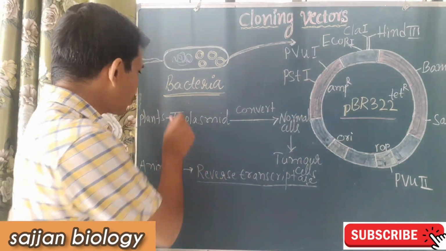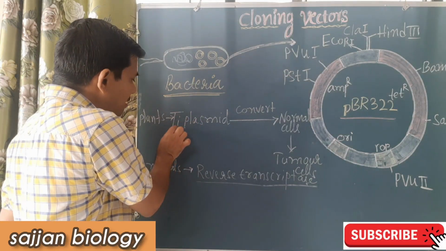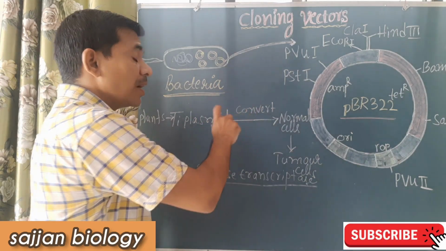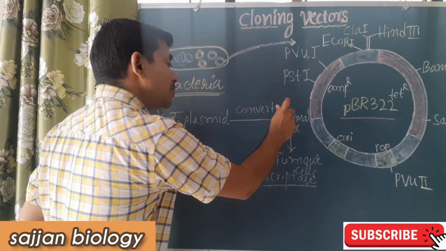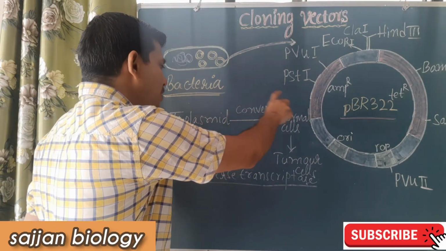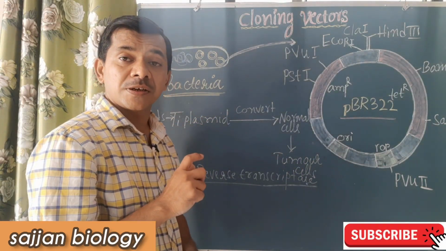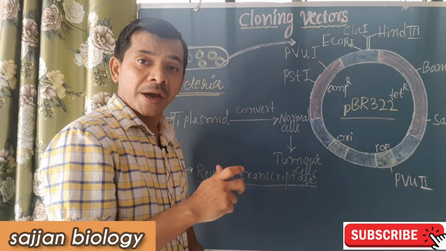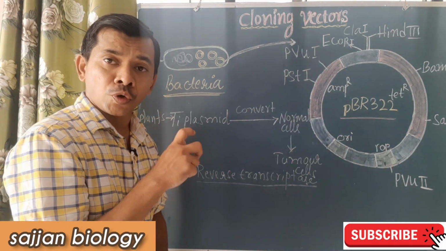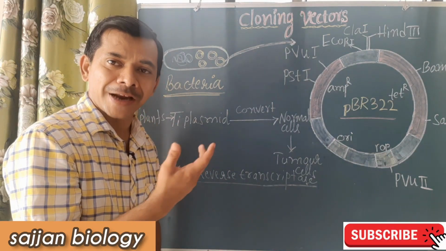Here the Agrobacterium tumefaciens bacterium has a Ti plasmid. Ti is nothing but the tumor inducing plasmid, and this tumor inducing plasmid itself can convert normal plant cells into tumor cells. It has that capability. This happens naturally in plants, but this method is used in genetic engineering technology, where they have manipulated it to produce the desirable gene in plants.